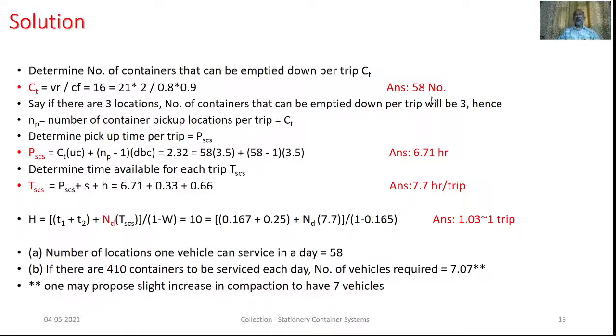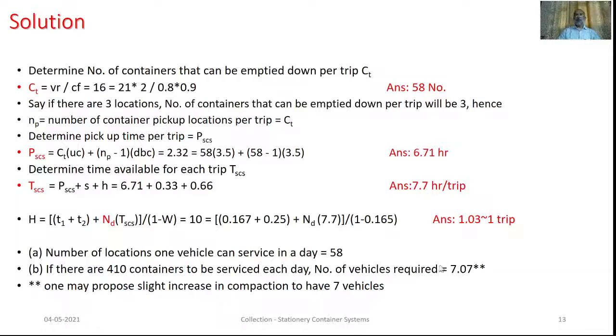As we saw here, the number of containers that can be emptied per trip is 58. Here, as we are performing just one trip, the number of locations one vehicle would serve would be 58 only. By making use of that 58, as we consider these 410 containers, the number of vehicles required can be worked out as 7.07.